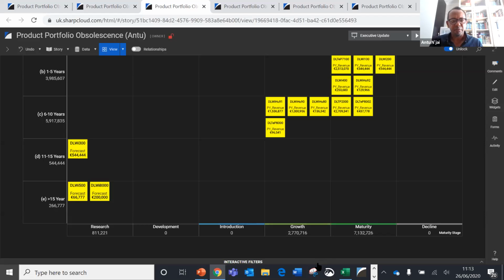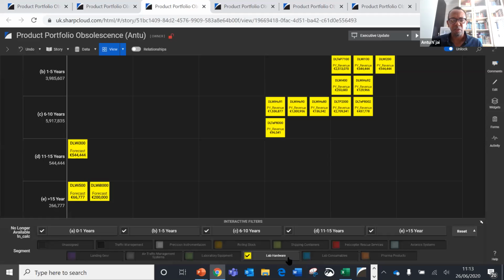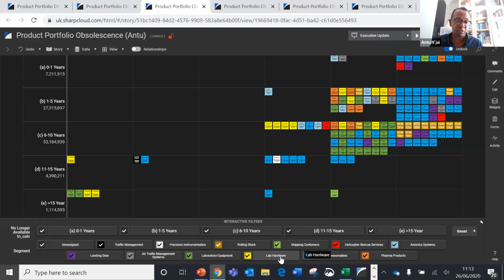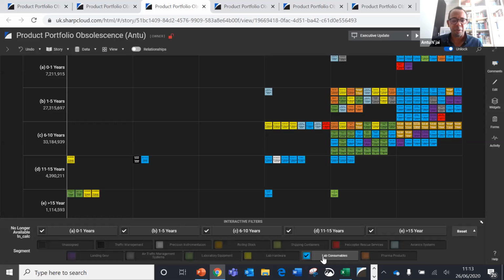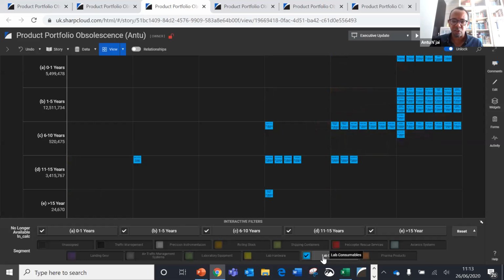So first of all, by putting the data into a more visual context, we can start to interact around multiple dimensions, ask those challenging questions, and see very transparently where the real challenges lie, whether it be with the hardware or with the consumables.